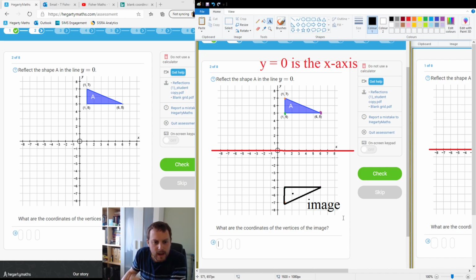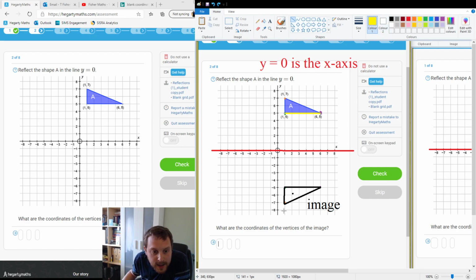Now, I want us to notice something at this point, because this is going to be much more relevant in some of the future questions. If you ask how far away is the shape from the mirror line, and how far away is the image from the mirror line? So let's have a think about that. Let's just have a look at, say, this side here, which, let's make it yellow. How far away is that? It is 1, 2, 3, 4, 5 away.